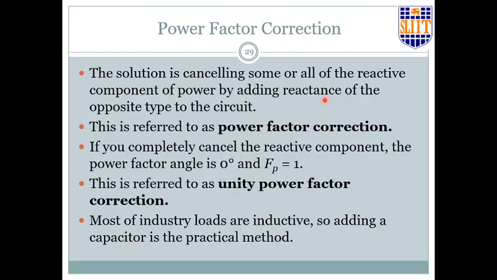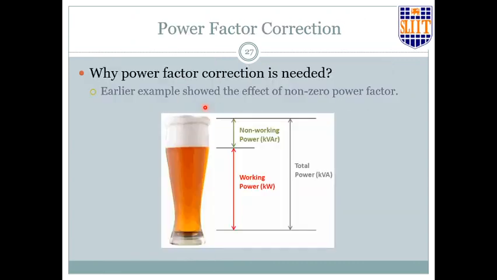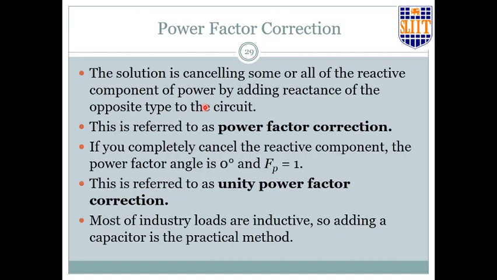Now in that correction case, you saw that there is some reactive power. If we can remove that reactive power fully, we will have to supply only the active power. This case is known as the unity power factor correction.